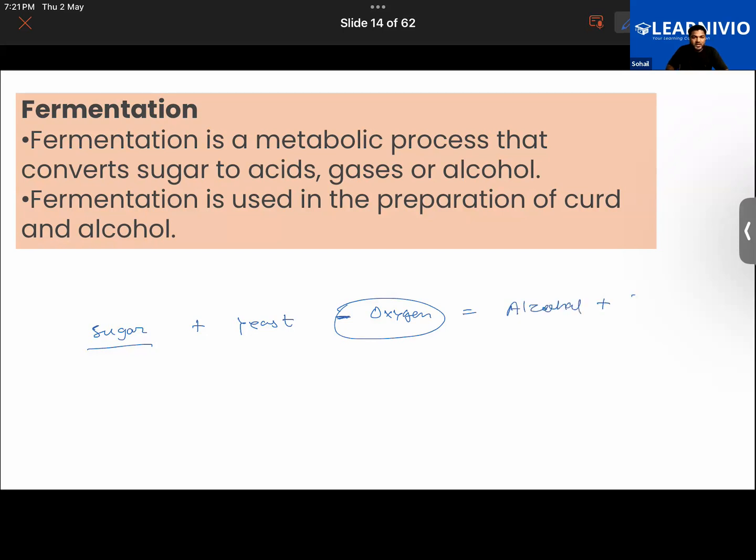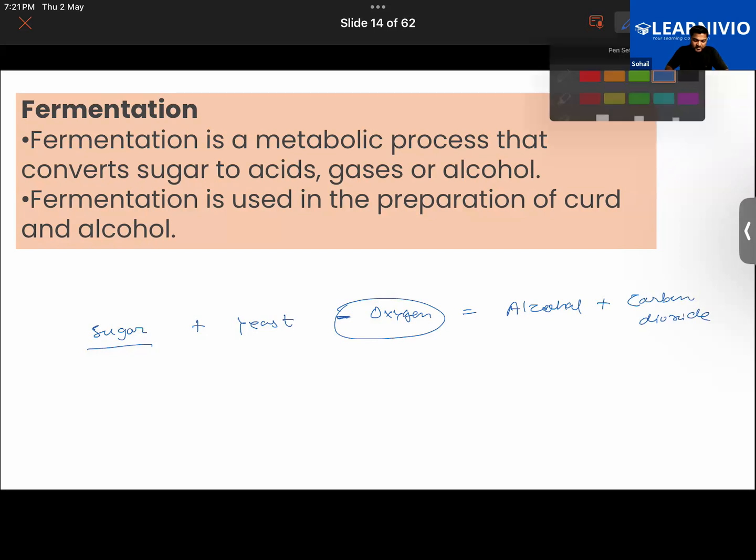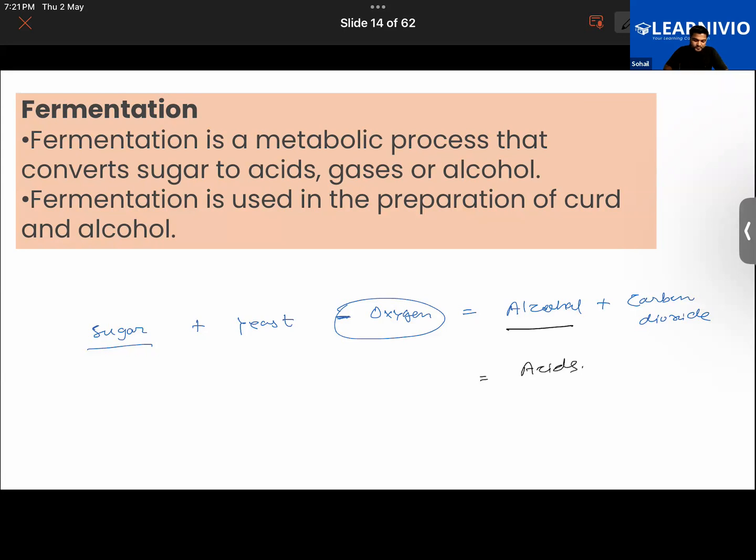Along with this, carbon dioxide gas is released. Apart from alcohol, it can be used in the production of some acids also.